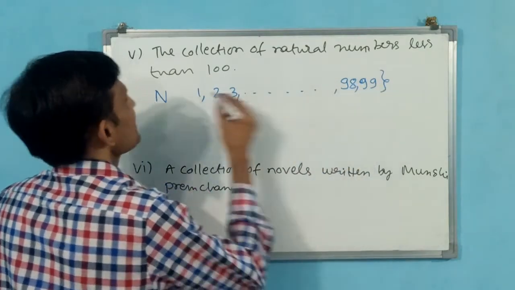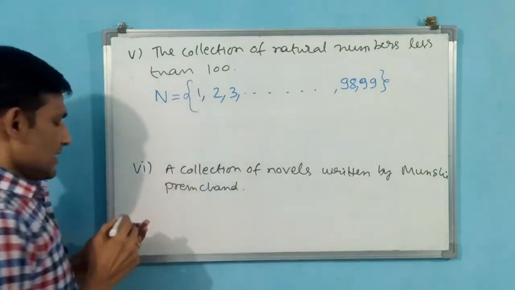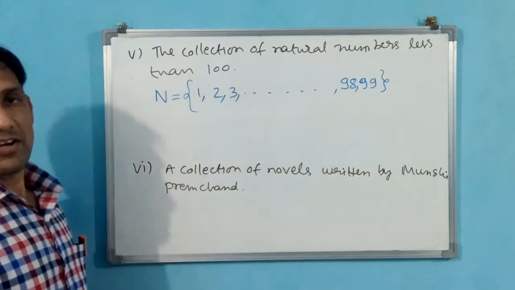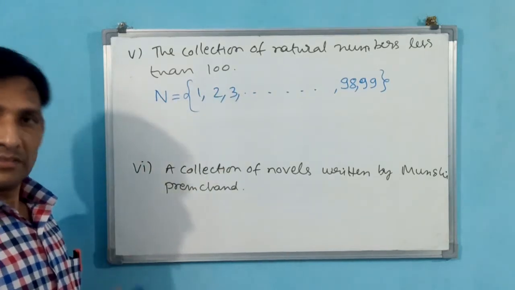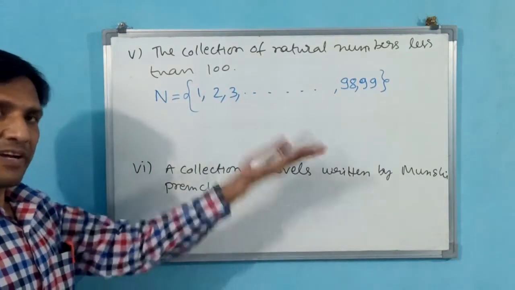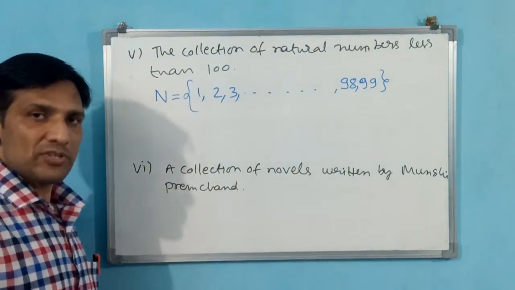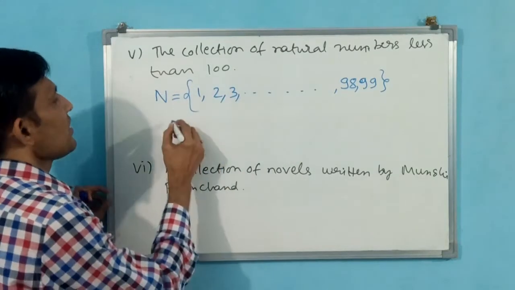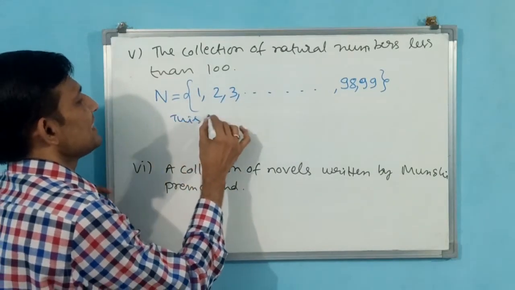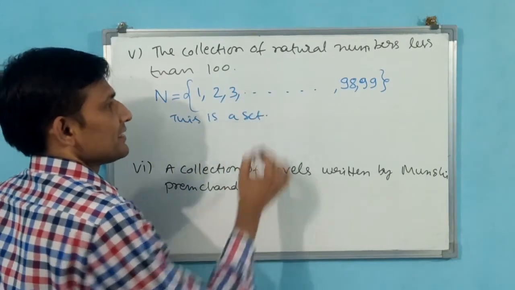Okay, let us make braces. Now you tell me whether this is a set or not. Set only. Why? Because natural numbers are well defined. Collection of natural numbers is a set. Okay, we write this is a set.